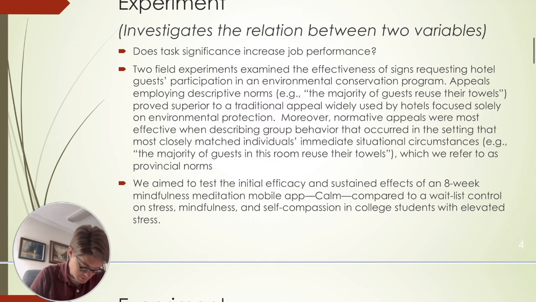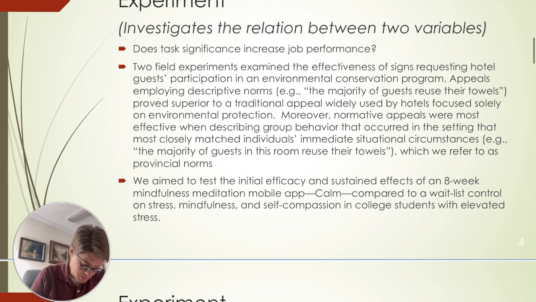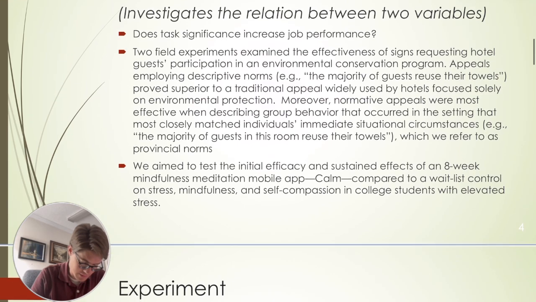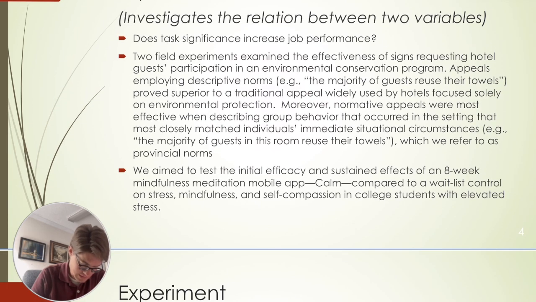Okay, so it appears that employing descriptive norms, for example, the majority of guests reuse their towels, proved superior to a traditional appeal widely used by hotels focused solely on environmental protection. Moreover, so something like reuse your towel so that we use less water, which is better for the environment, something like that.